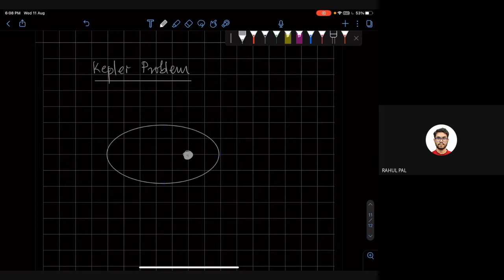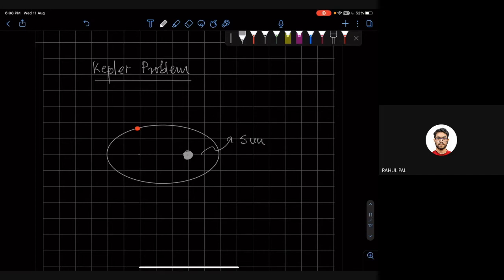Suppose this is the planet, and the sun would be in one of the foci. So this is the sun. It'll be either in this focus or in this focus point.